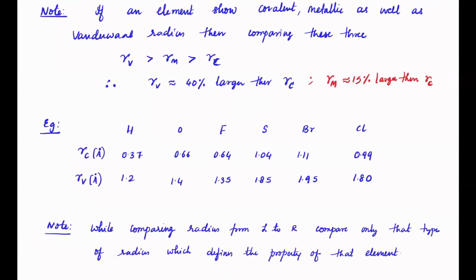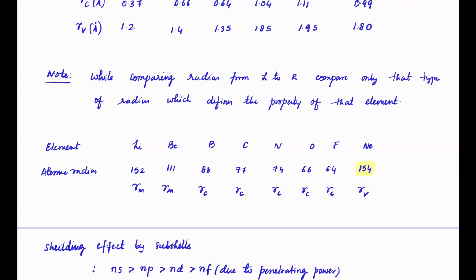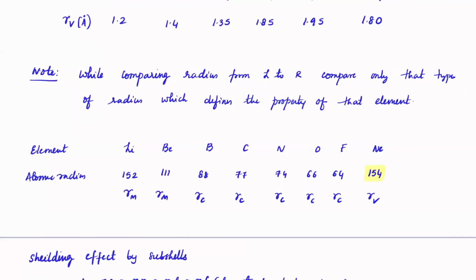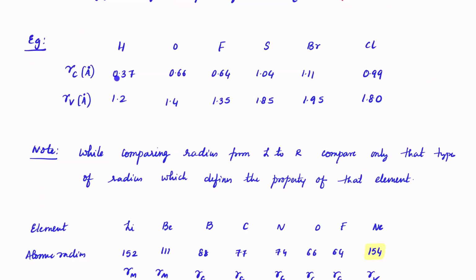Next, when you are comparing radius from left to right, compare only that type of radius which defines the properties of the element. This is very important because while taking an exam, which kind of radius should we prefer? For hydrogen, should I consider 0.37 Angstroms or 1.2 Angstroms? My suggestion is we should take 0.37 Angstroms. Why?